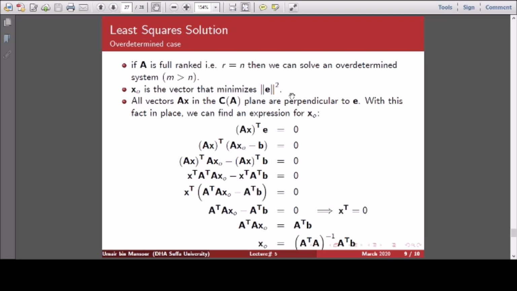So assuming that, any vector in the column space, as I told you, is perpendicular to the error vector.